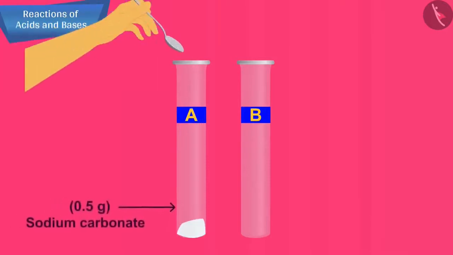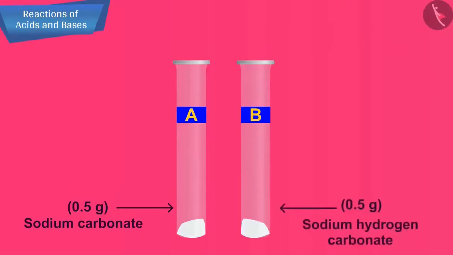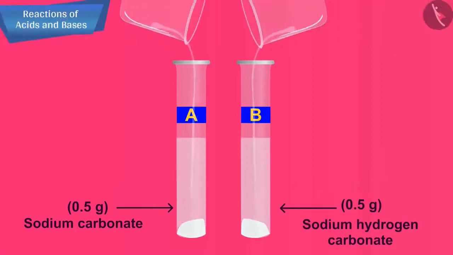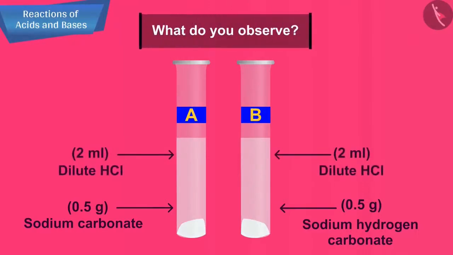Take about 0.5 grams of sodium carbonate, Na2CO3, in test tube A and about 0.5 grams of sodium hydrogen carbonate, NaHCO3, in test tube B. Add about 2 ml of dilute HCl to both the test tubes. What do you observe?